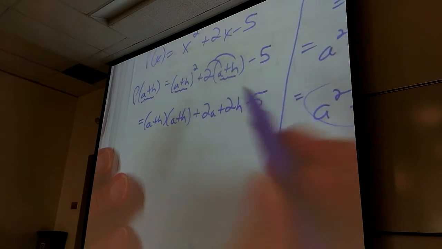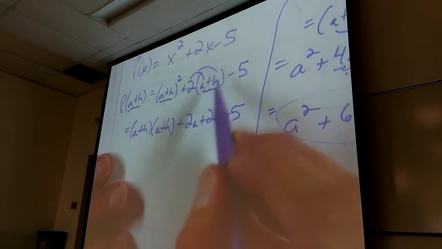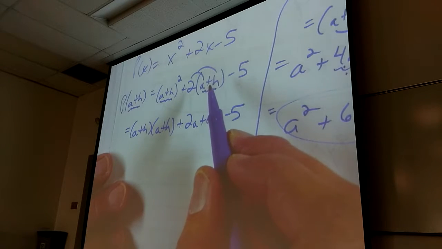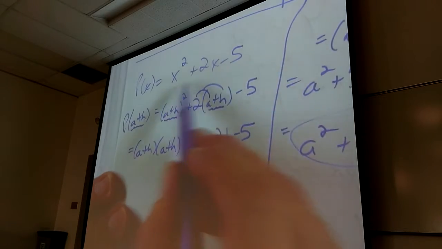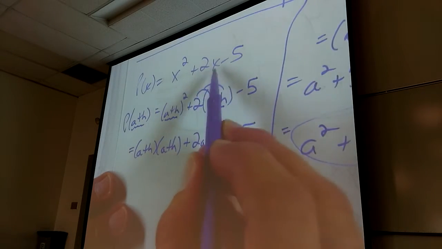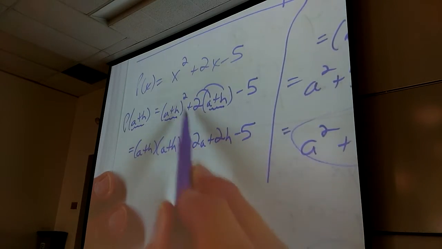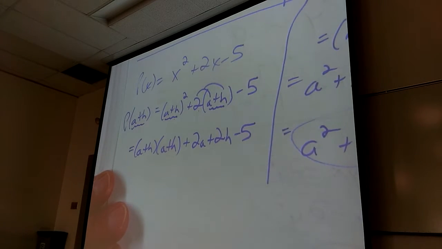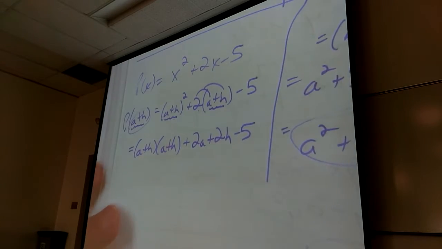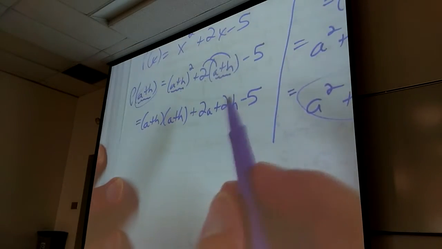The second problem is distribute the 2. And the third problem is don't forget your minus 5. So it's the same format: something squared plus twice something minus 5. It's got to be that format. What is that something? Whatever is in there. And then you just simplify whatever it is.